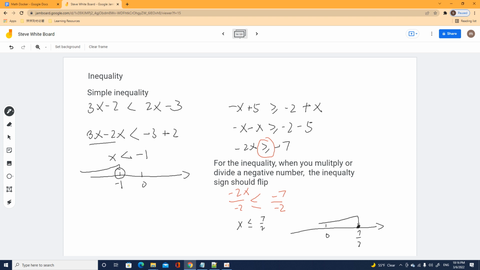It should look this way. That is the simple inequality.